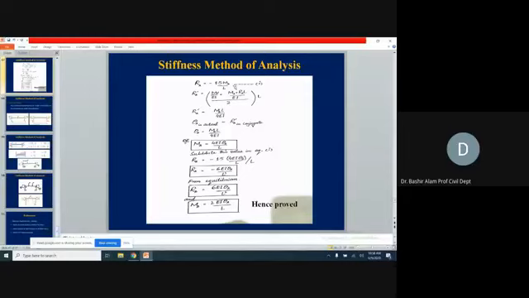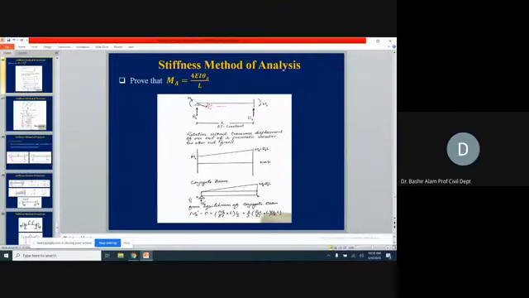Now RA prime is equal to what? That was the moment about A equal to 0. Now if we take the reaction, the total load is carried by this RA prime. So it is just the area of this rectangle plus the area of this triangle.